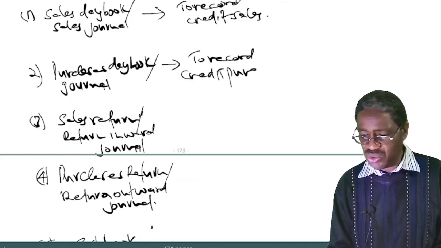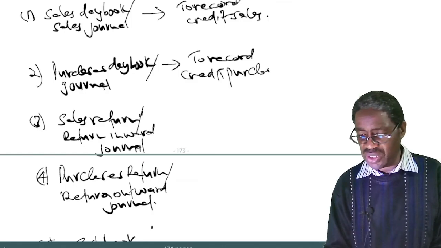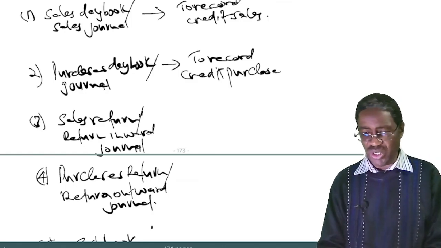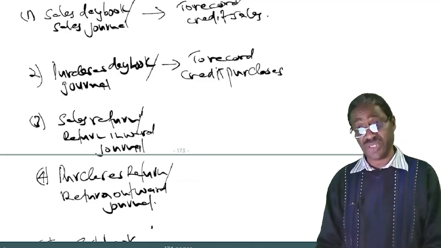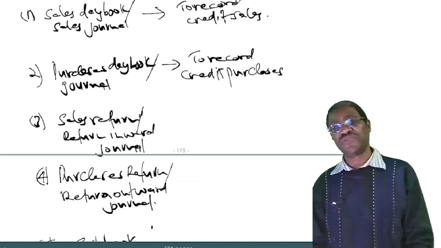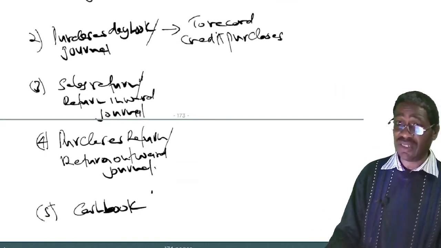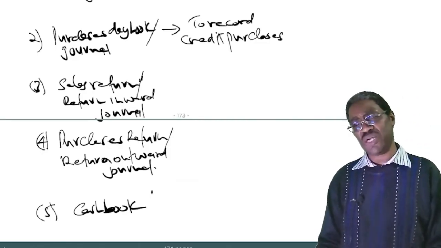Whenever you purchase goods on credit, you record it first in the purchases daybook. So we use it to record the credit purchases. That is it. Good. Number 3, sales returns, or what we are calling return inwards journal.